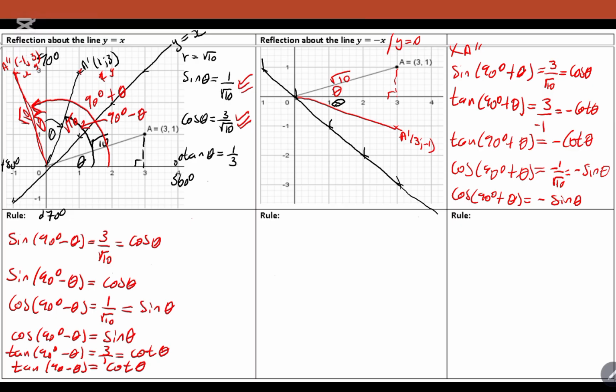So this is the line y is equal to -x. We are reflecting our A prime through the line y is equal to -x.